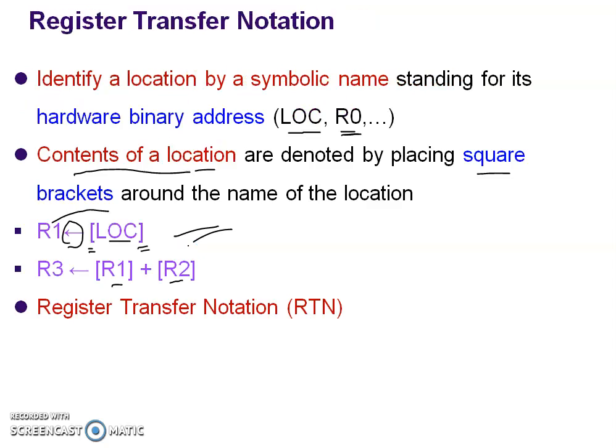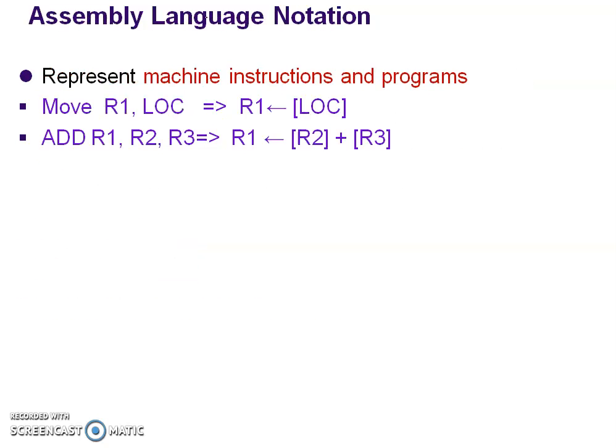The same thing can be represented using another form of representation called assembly language notation, where you will have opcodes, operation codes, followed by the operands. This represents the machine instruction.